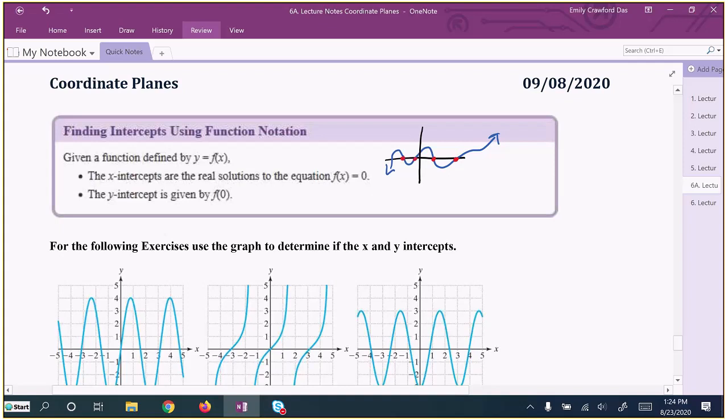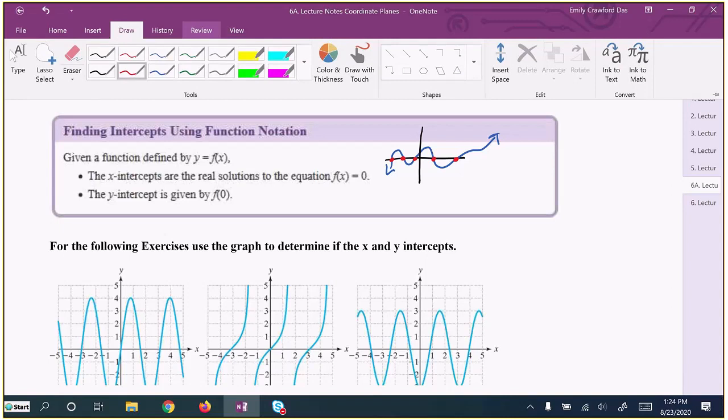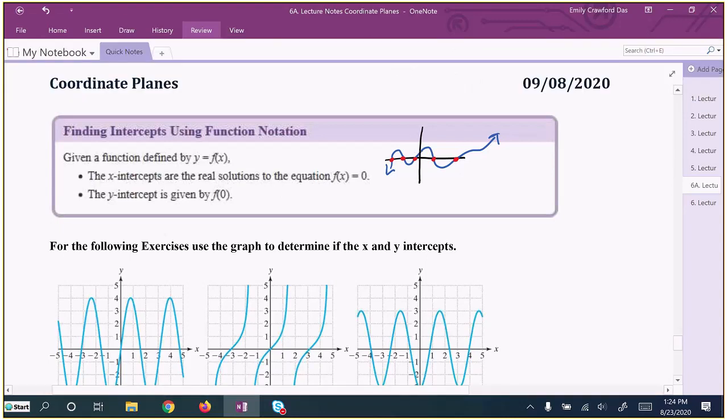In terms of algebra, that is setting the equation equal to 0 and finding all of the x values where the equation is 0. On the other hand, the y-intercept is where the function crosses the y-axis, and in terms of the function notation, that just means plugging in x equal to 0 and seeing what the function value is at that point.